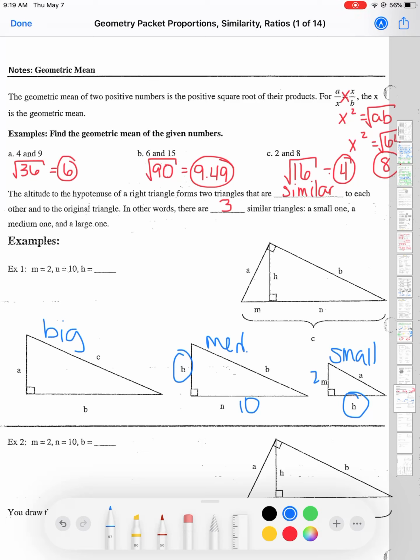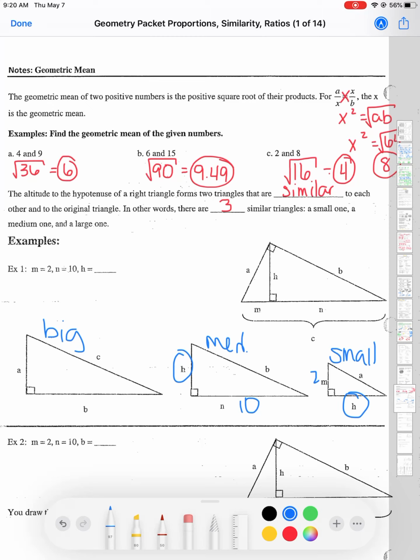So we need to set up a proportion. So you're going to want to set up the small leg to another small leg equal to the big leg to another big leg, or a hypotenuse to a hypotenuse equal to a small leg to another small leg.